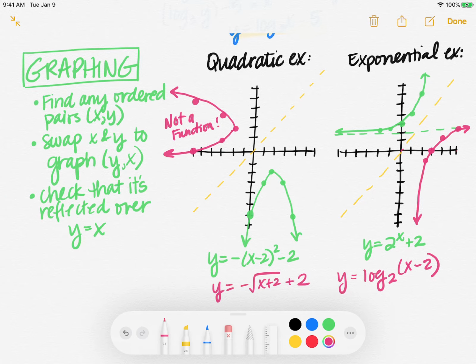Okay, so we know solving, we know graphing. I'm going to give you guys a moment. We're going to move on to tables.